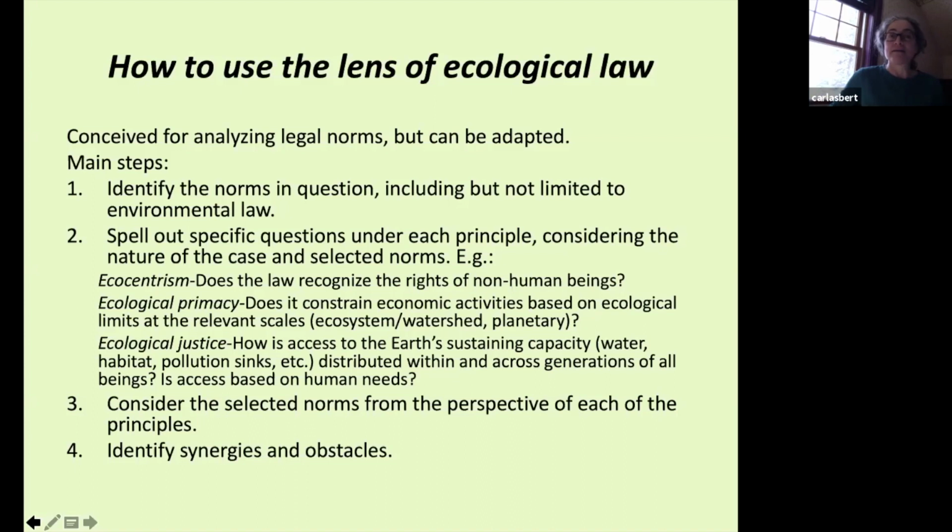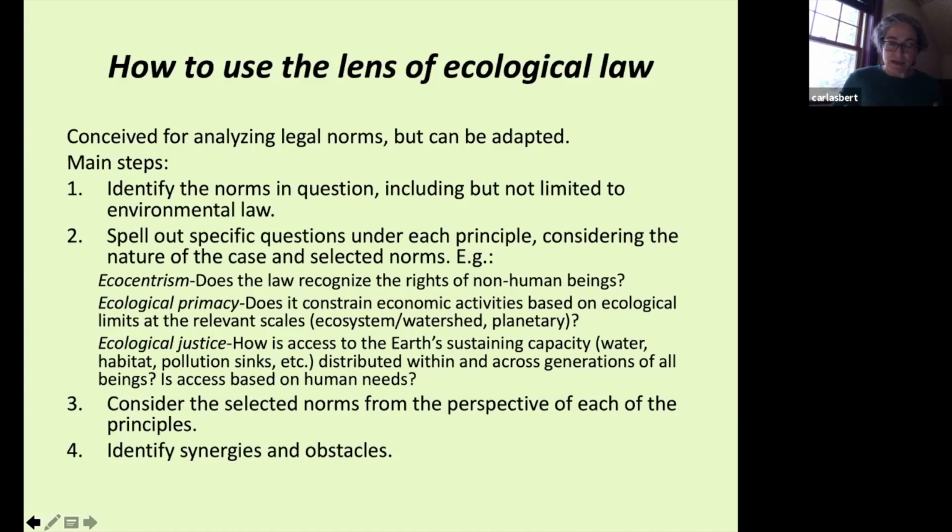So the second step, and this second step was in actually trying to do the analysis, I found that the principles themselves are very general, so it's useful to bring them down one more level and tease them out with specific questions.